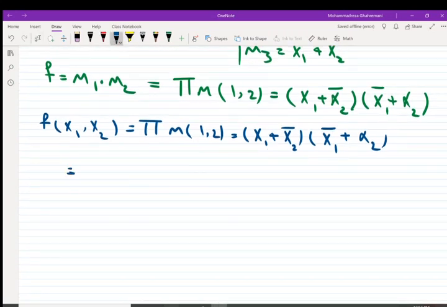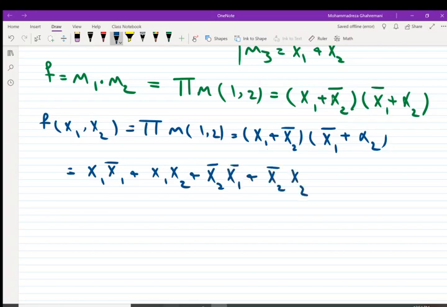It's equal to x1 bar plus x1 x2 plus x2 bar x1 bar plus x2 bar x2.